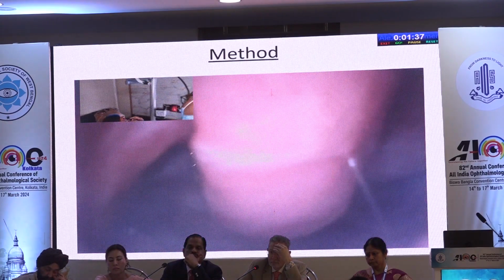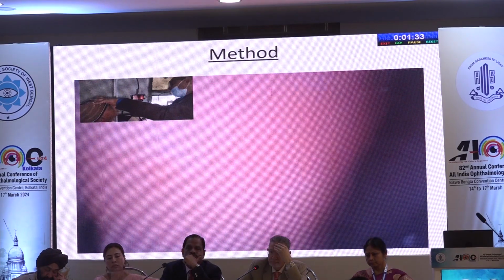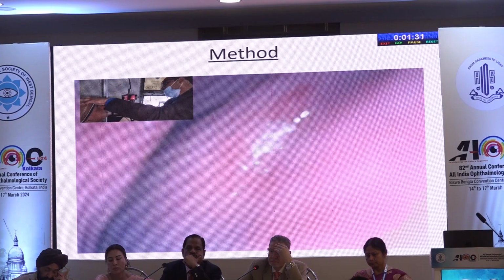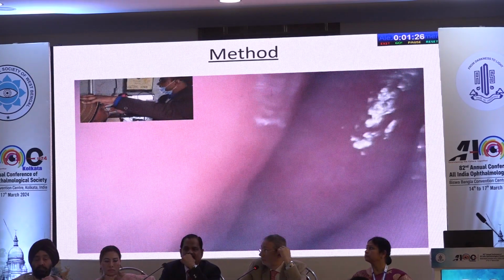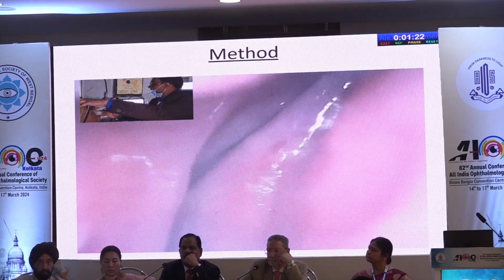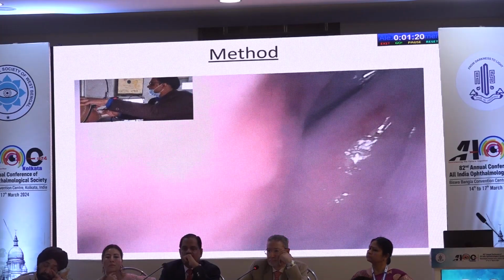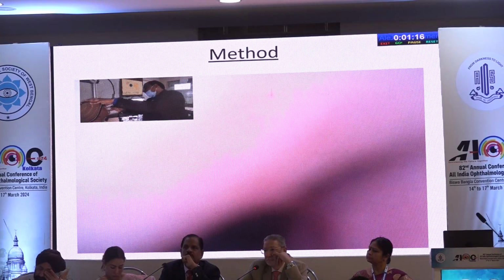We are not able to examine the superior turbinate because this is a limitation of this scope. Its handpiece is short, so we can't go to the upper side. And its image quality is a little lower compared to the traditional endoscope.